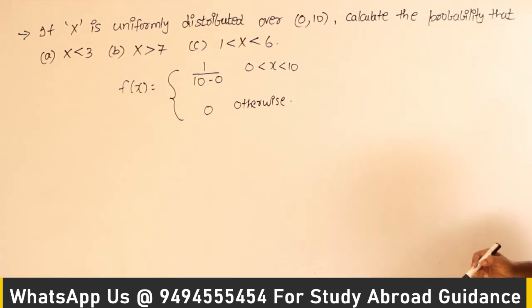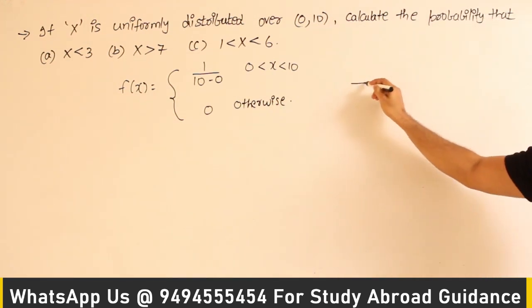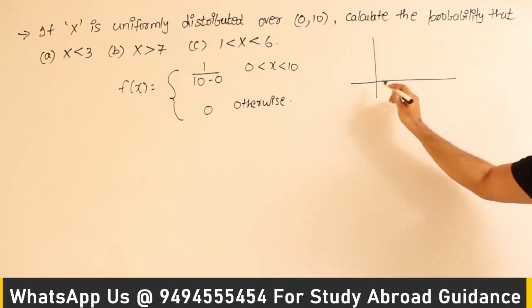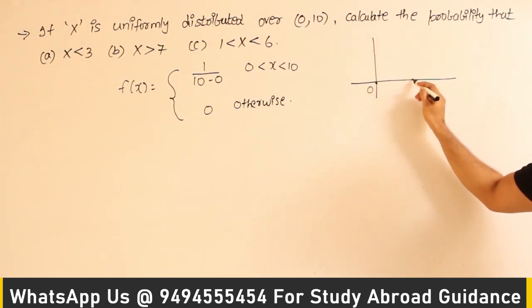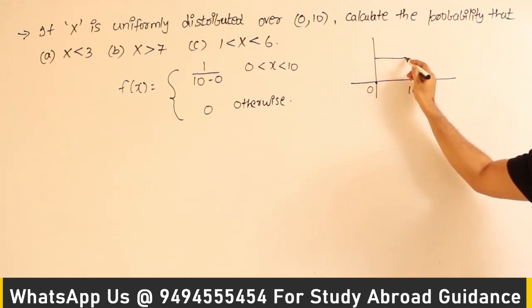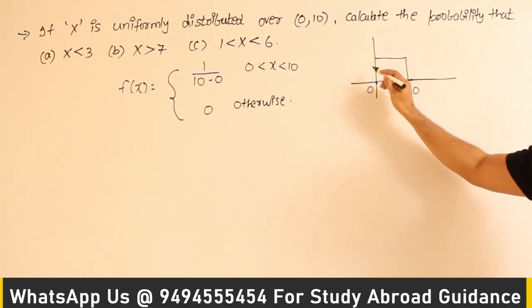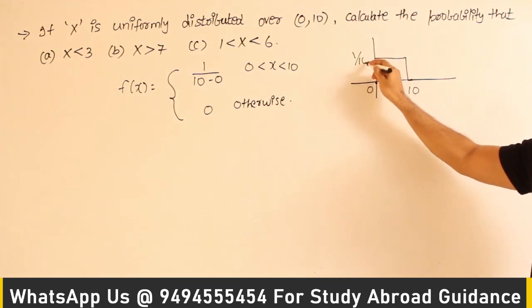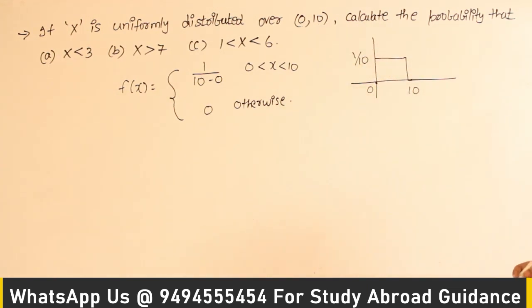So for the values from 0 to 10, this is going to be 1 by 10, which means 0.1, otherwise it is going to be 0.